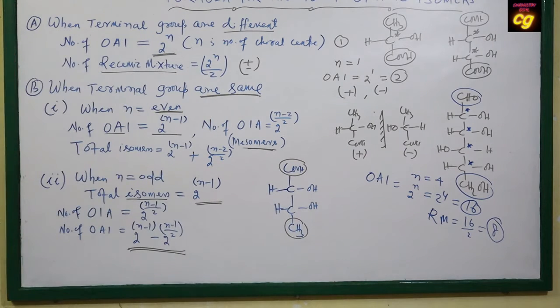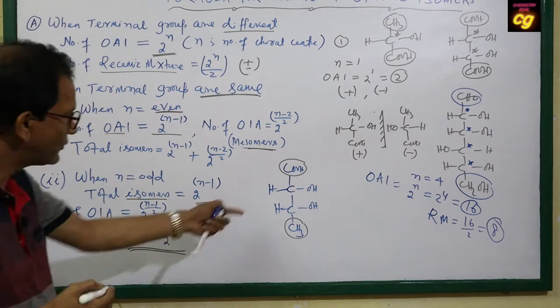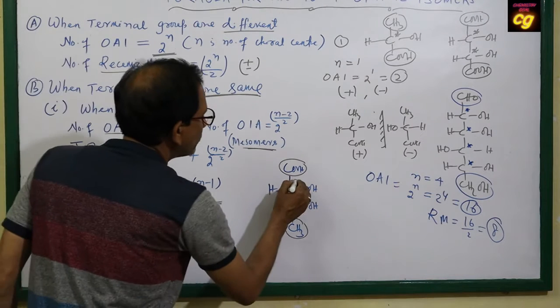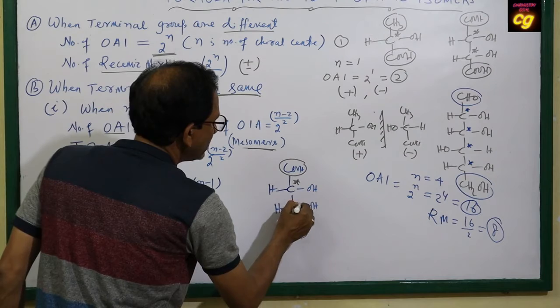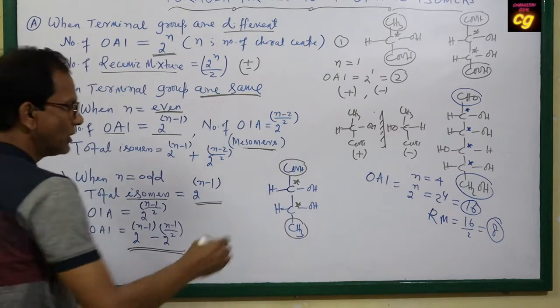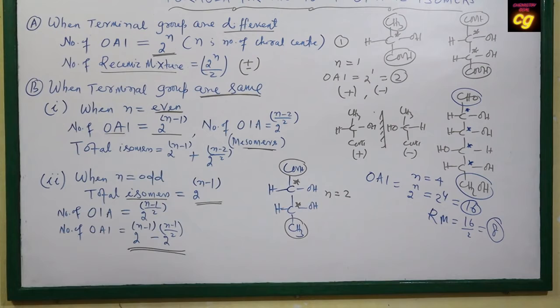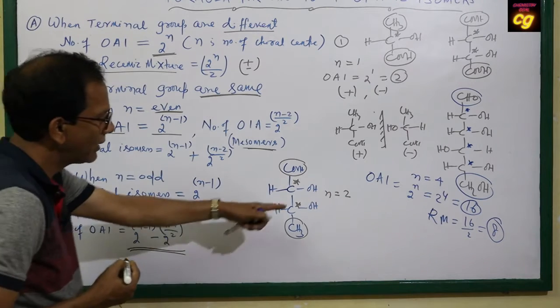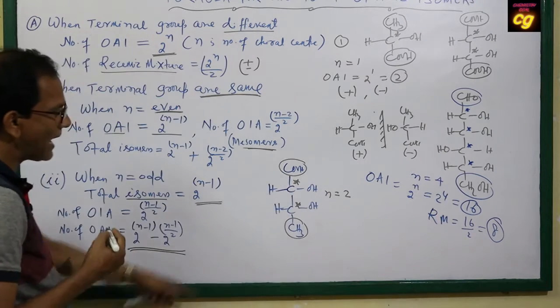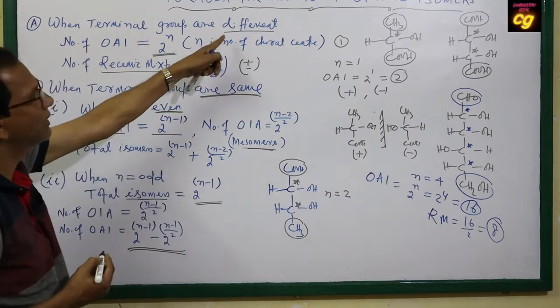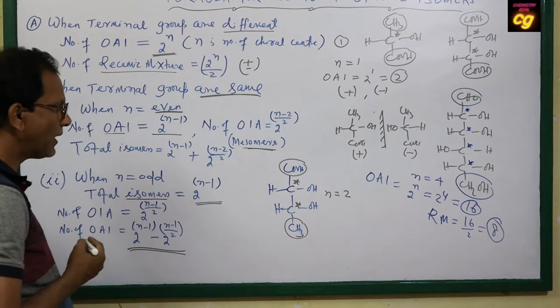If the terminal groups are different, then there are chiral centers 1, 2. So here the n value is equal to 2. As the terminal groups are different, the formula is always 2^n.